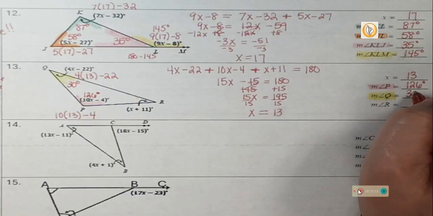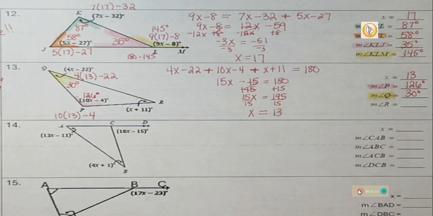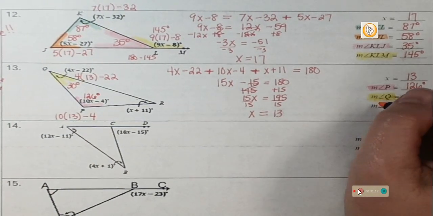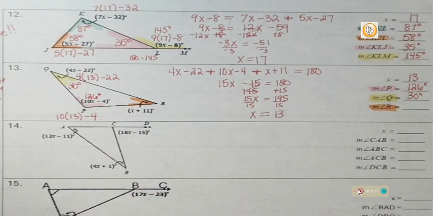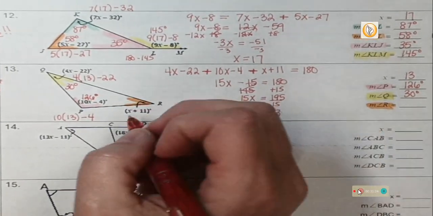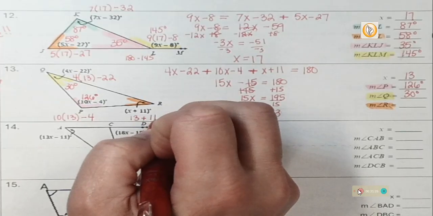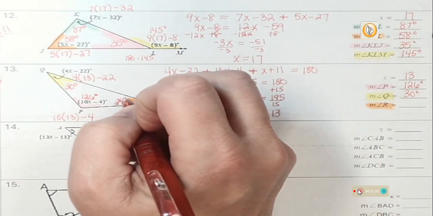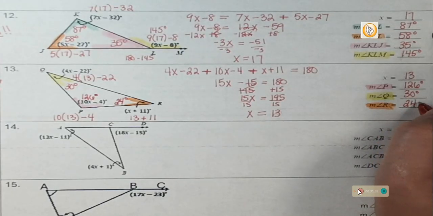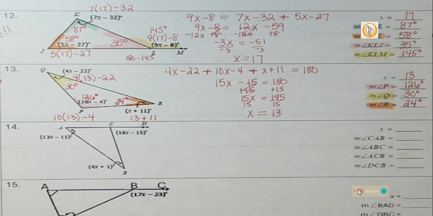That's what I had. All right, and then last but not least, I need to find the measure of angle R. Here's angle R. Angle R is x plus 11, which is 13 plus 11, and that gives us how much? 13 plus 11 should give us 24 degrees.